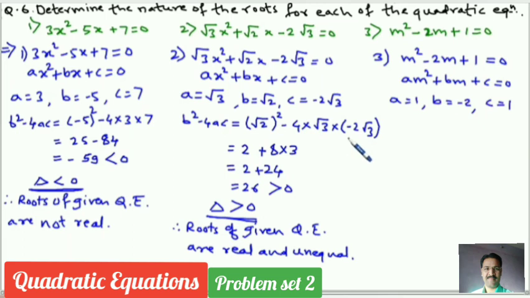Therefore, we'll find now b square minus 4ac. Here it is minus 2 square minus 4 into 1 into 1. So here it is 4 minus 4 ones are 4, so 4 minus 4. Here it is 0. Now look here, delta comes 0.